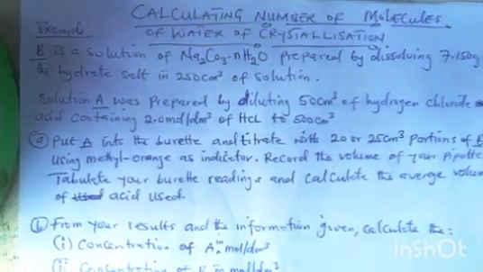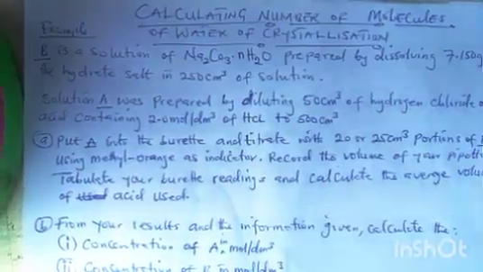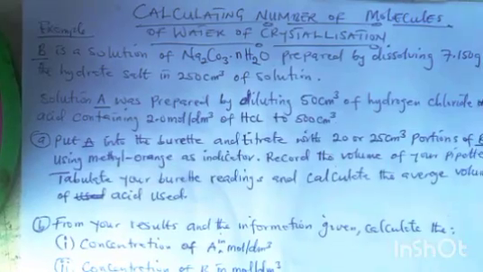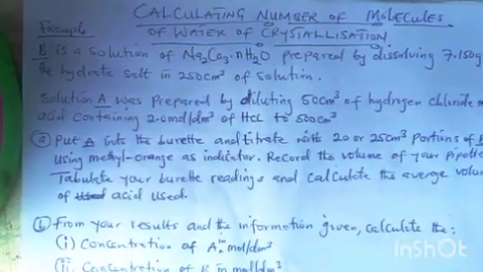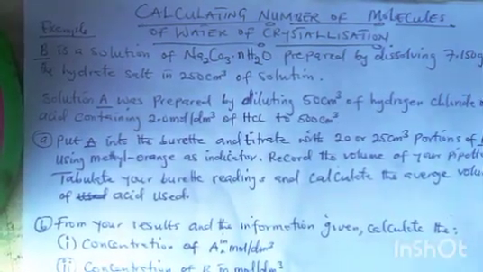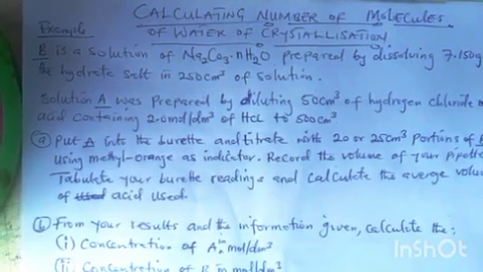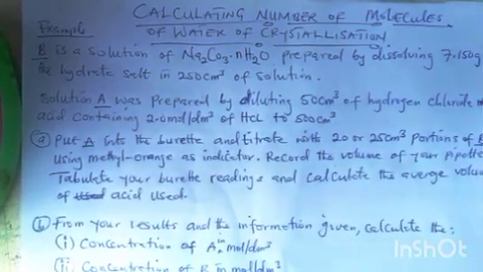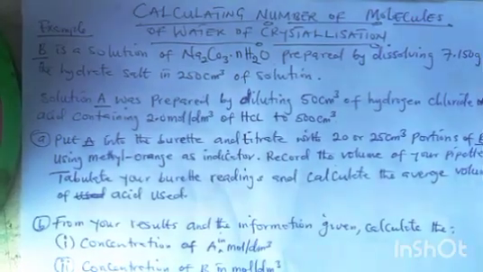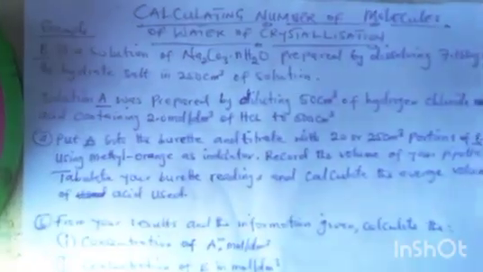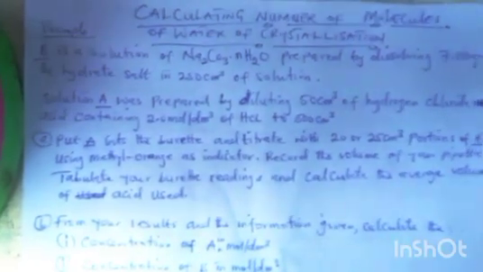So now we are talking about the salt of water of crystallization. Some salts are crystallized out of aqueous solution by cooling the hot saturated solution of the salts. These salts are associated with a definite number of molecules of water called water of crystallization. We are going to give some examples that relate to water of crystallization.